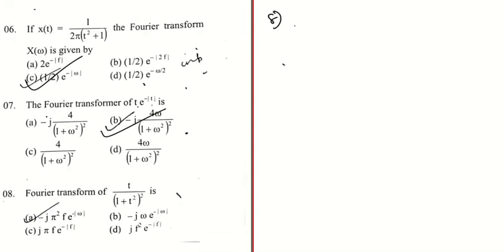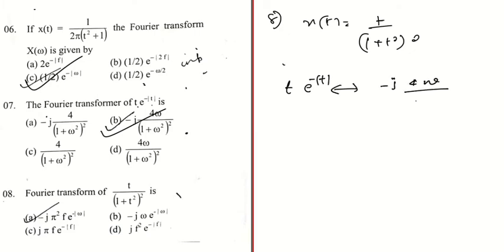In the next question, it is given that x of t is equal to t divided by 1 plus t square the whole square. Here also we are going to use the duality property. From the previous question, we know that the Fourier transform of t into e raised to minus modulus of t is minus j 4 omega divided by 1 plus omega square the whole square. Doesn't this resemble this?